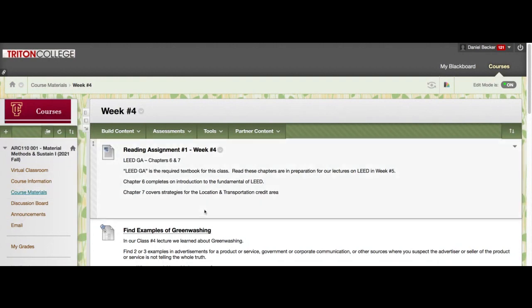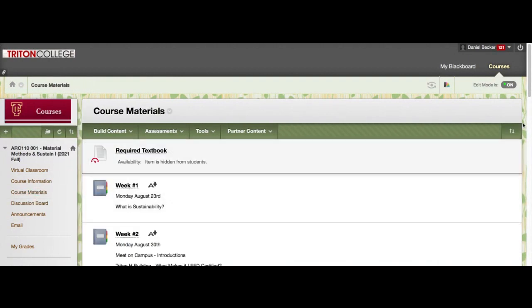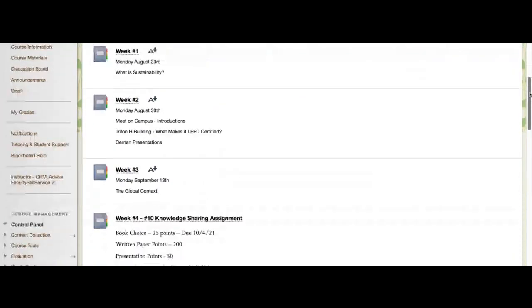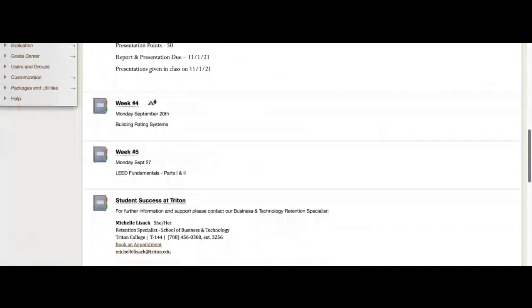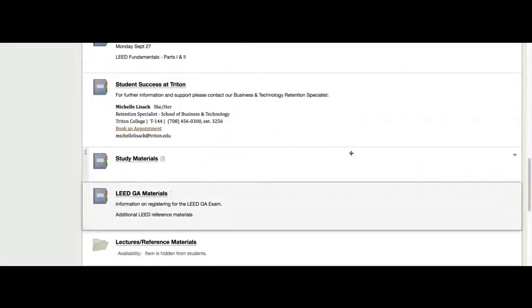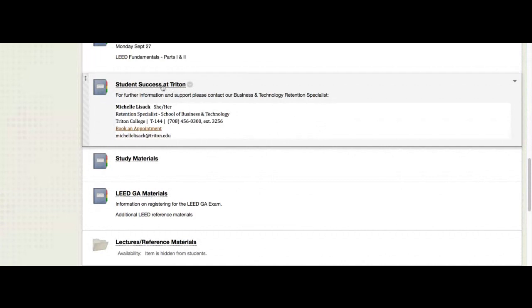What was I going to show you here? Oh. Under the folder that says student success, I have the contact information for Michelle Lysick, our retention specialist.